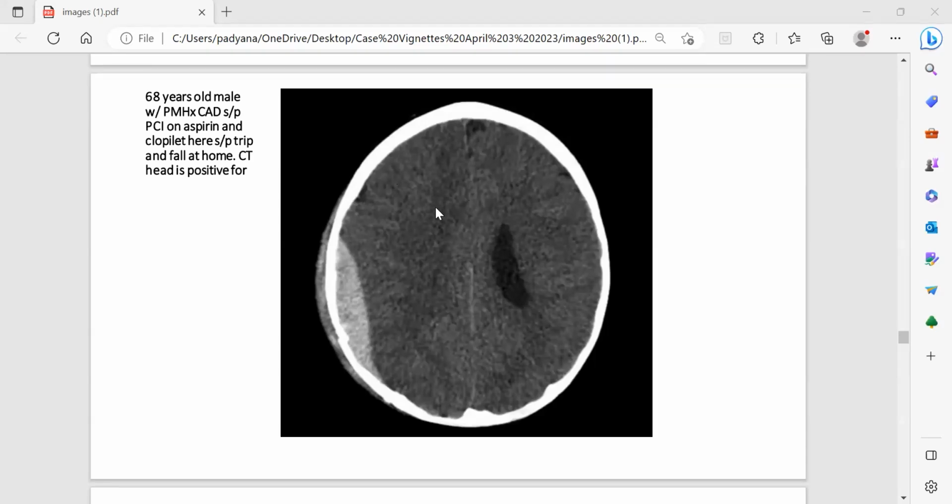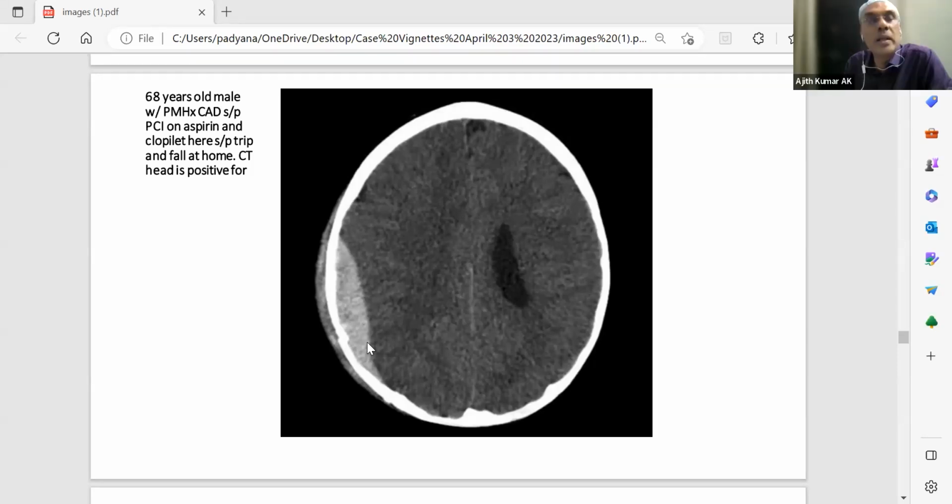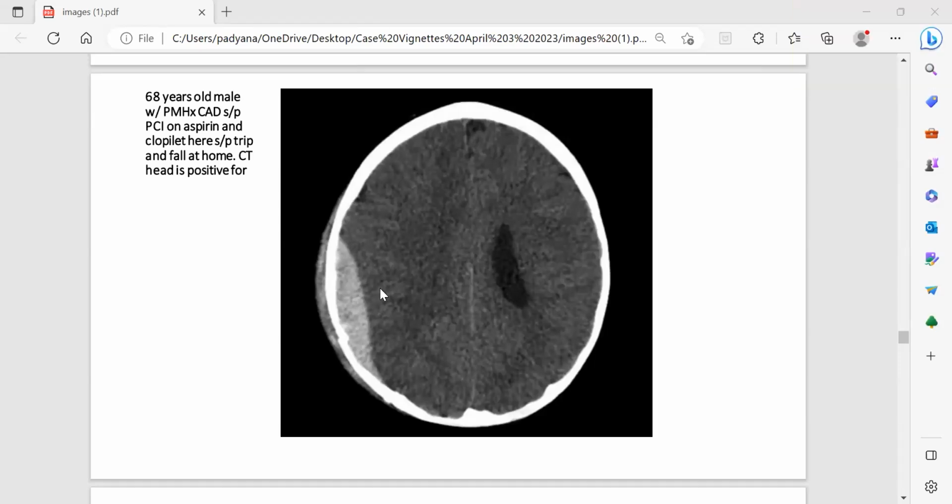Loss of sulci and gyri, diffuse on both sides, as a matter of fact. And the mass effect is pronounced significantly on the same side. Not crossing the sutural line. There is an associated bone fracture also. There is an arterial bleed. All these are hitting. So when you say that, it becomes a holistic answer.